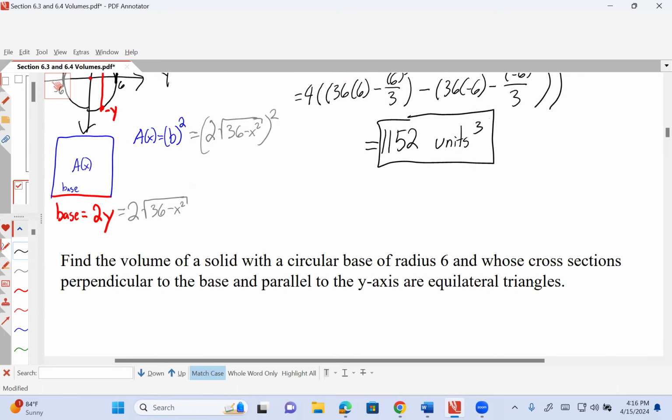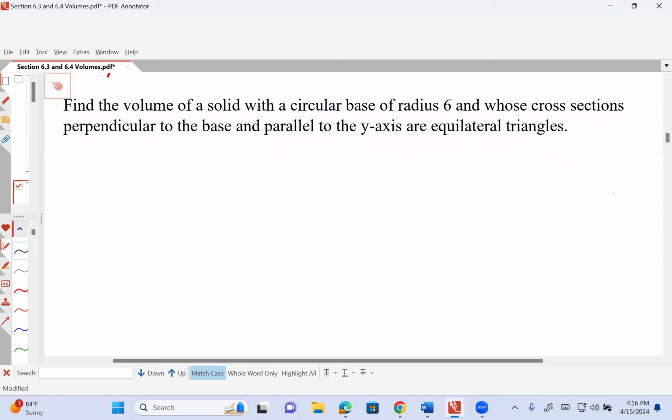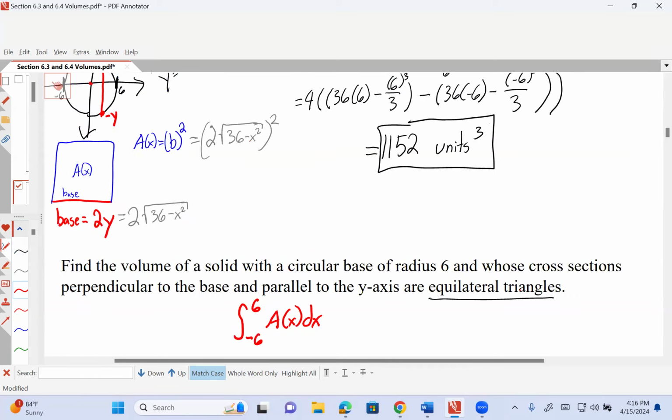Now, suppose instead we want to find the volume of a solid with a circular base of radius 6 and whose cross sections perpendicular to the base and parallel to the y-axis are equilateral triangles. We're going to have essentially that same setup. Our integral is going to go from -6 to 6, but now our area function is going to change because now we're looking at triangles instead of squares that we were before.